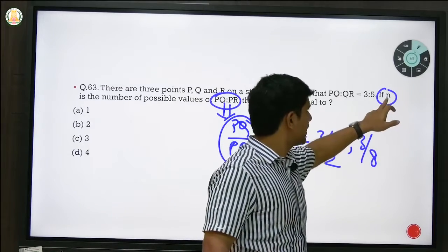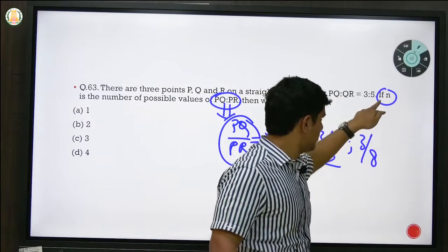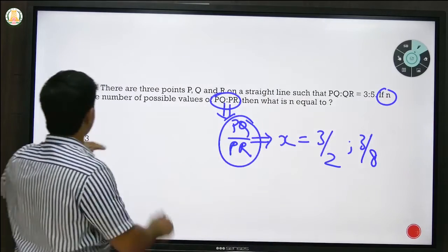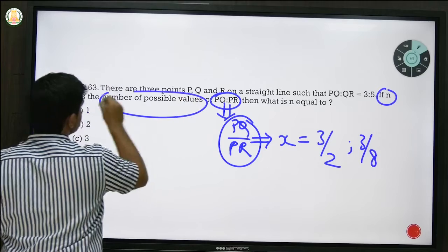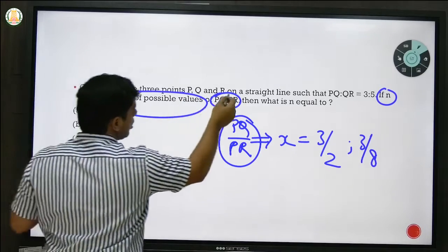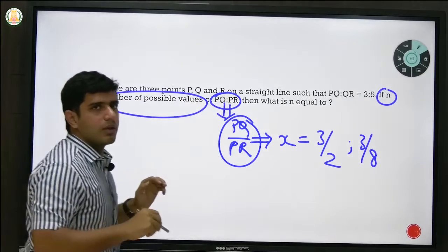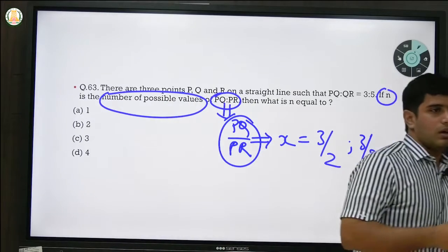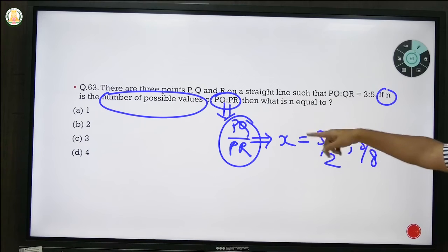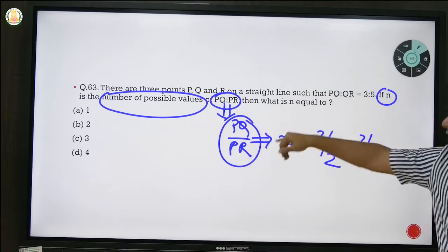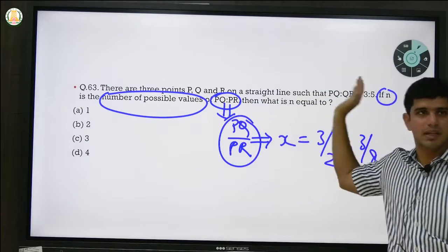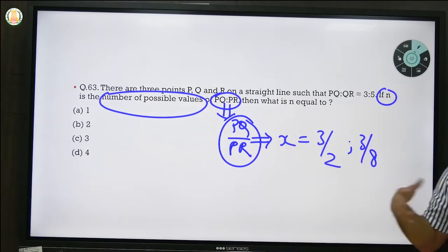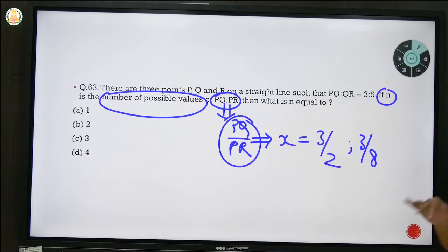But if you actually read carefully, read the exact meaning. If n is the number of possible values, n is the number of possible values of this ratio. So I would suggest that you read the question properly, because even if you see the options, it is giving some number to you, but here it is asking for a ratio. That means this and this can't be the same thing. So you have to be a little careful while reading the question.